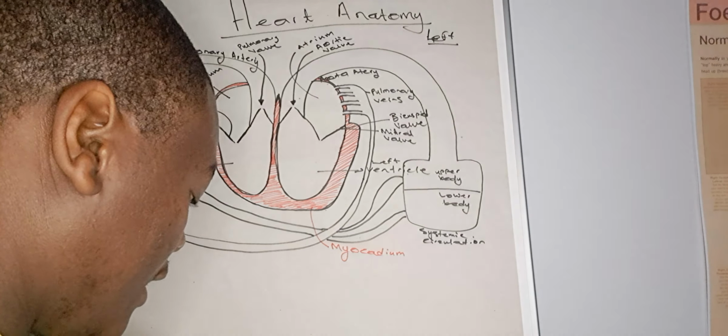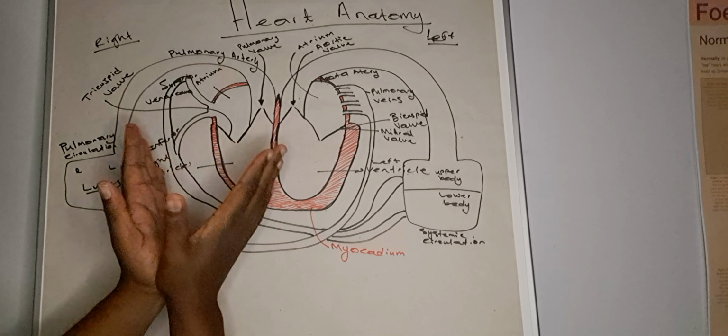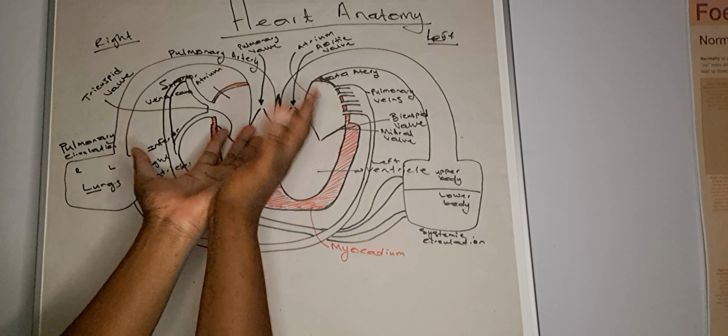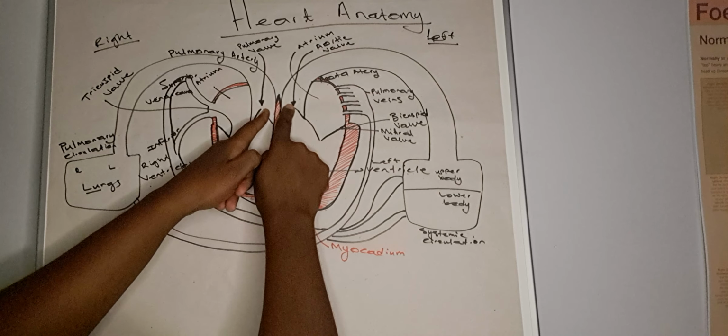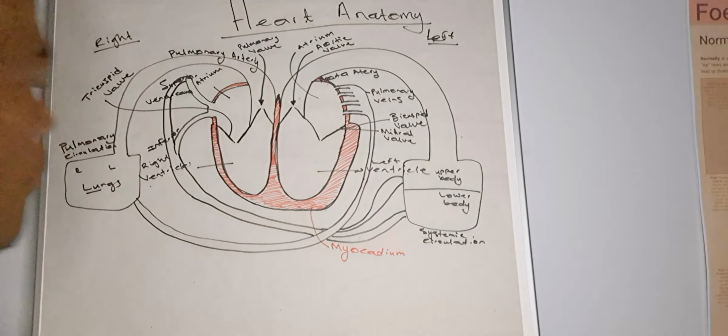Contraction is something like this. It will start by pushing the heart to go up and then squeezing the heart so that the blood here can go up, to go to different places.